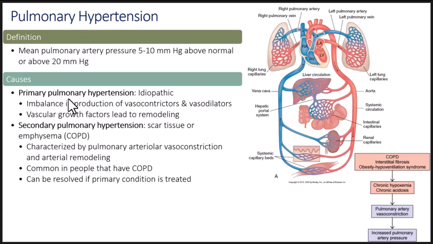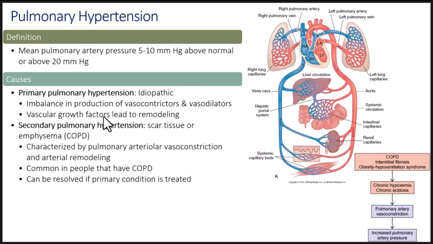When somebody is experiencing primary pulmonary hypertension and it's not fixed, what will occur is the production of growth factors that lead to remodeling. In other words, as the blood is moving through the pulmonary arteries, over time, the walls of the arteries basically say, I can't handle this anymore, and I'm going to have to adapt and adjust.